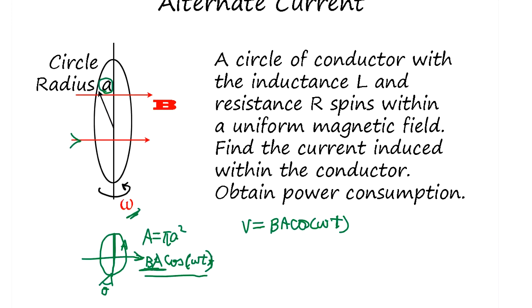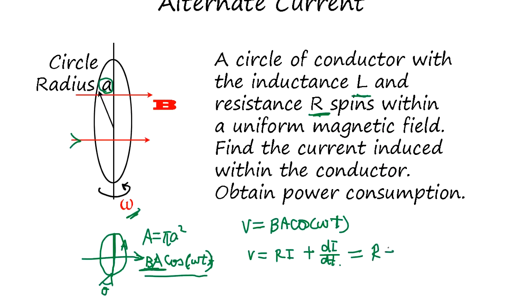Now this ring has resistance R and inductance L. So what happens is V equals R times i, the current inside, plus L di/dt, and we're going to use the imaginary number to show this. We covered why imaginary numbers are important for electrical engineering in another video, which you can check out.